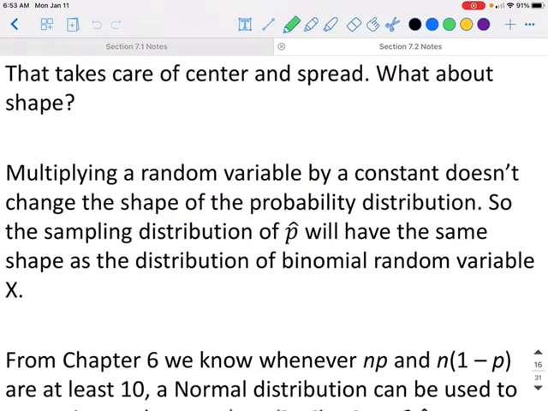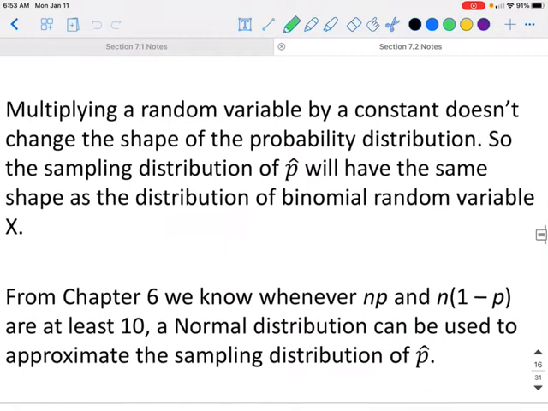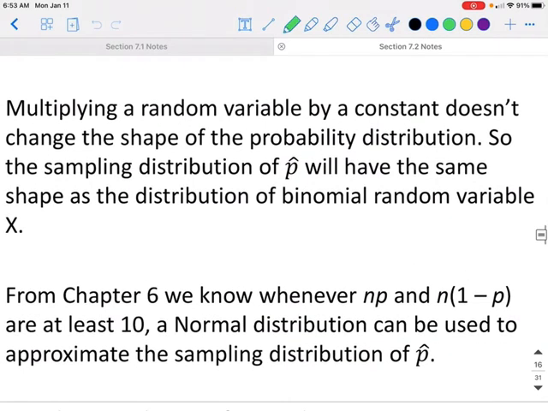Multiplying a random variable by a constant doesn't change the shape of the probability distribution. So the sampling distribution of p hat will have the same shape as the distribution of the binomial random variable x. From Chapter 6, we know that whenever the sample size times the probability of success and the sample size times the probability of failure are both at least 10, a normal distribution can be used to approximate the distribution.